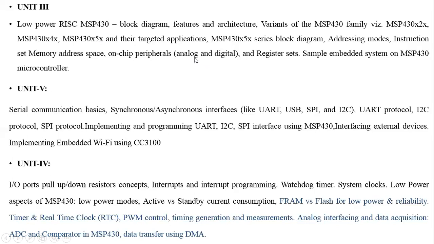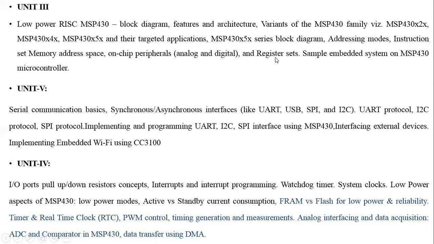So whatever the timers, power management, RAMs, registers we studied, other than the architecture parts, those are called on-chip peripherals. Please understand, on-chip peripherals means whatever architecture units are available, those architecture units are called on-chip peripherals.